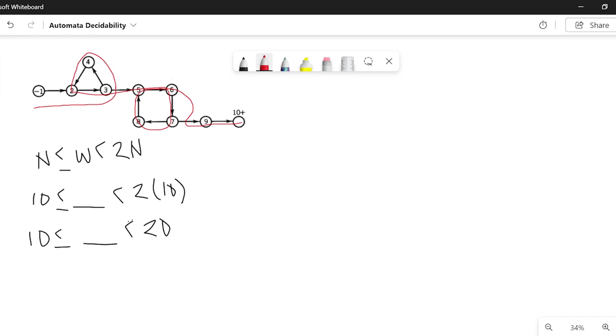First, starting off with 1, of course, followed by 2, 3, 4, and then going back to 2, 3, 5, 6, 7, 8, 5, 6, 7, 9, and 10.